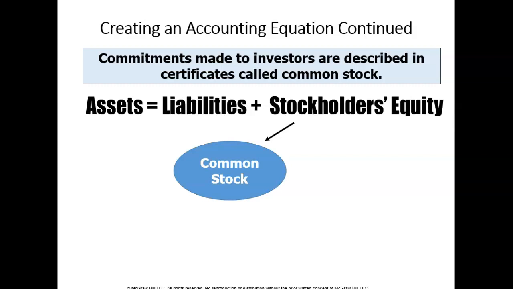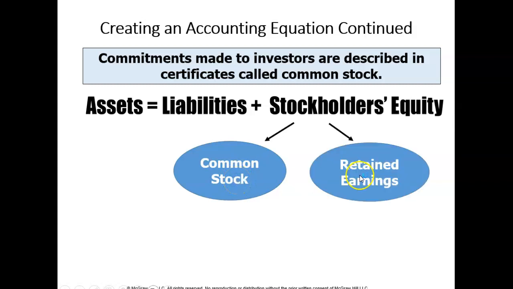You are part owner of that business organization. So when a company issues common stock, they are selling ownership interest in their business. So if that stock is being sold by Apple, Google, Tesla, etc., when they issue shares of stock, it goes to a section known as common stock.